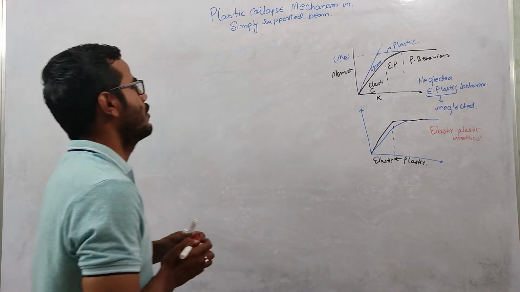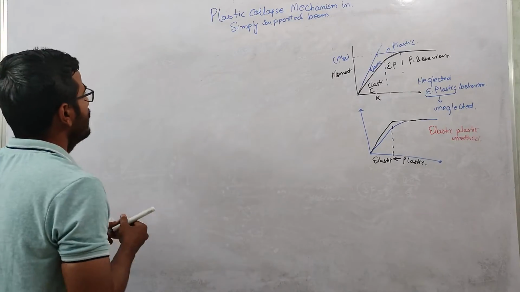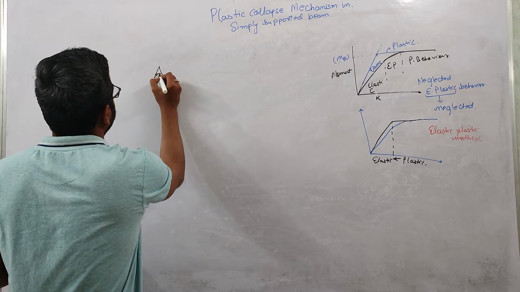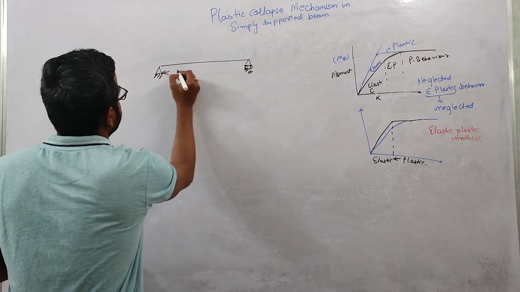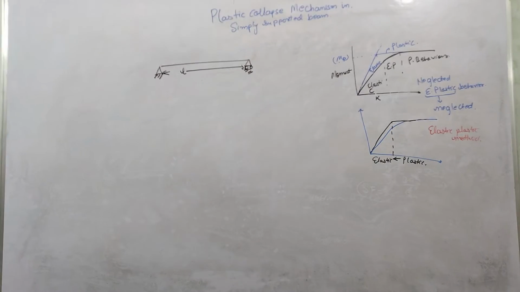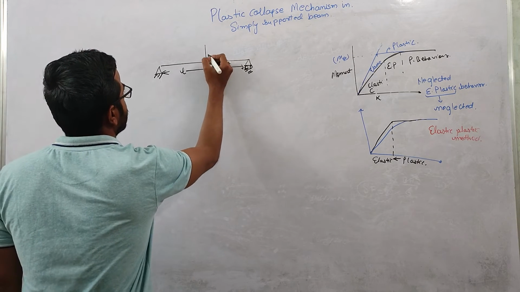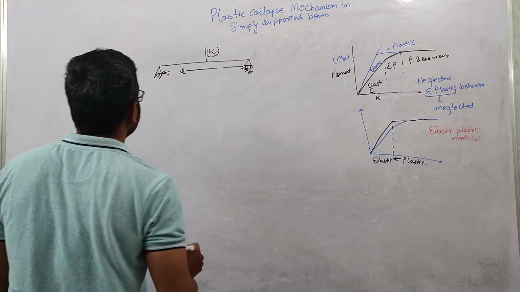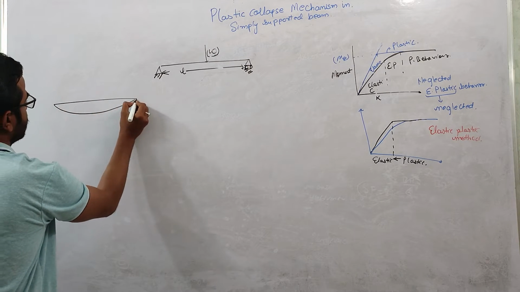Now let us come to this topic. Let us first draw the simply supported beam. Its length is L. Now when you are applying this load W at the center, and due to this W load, let us suppose the deflection at this point will look like this.